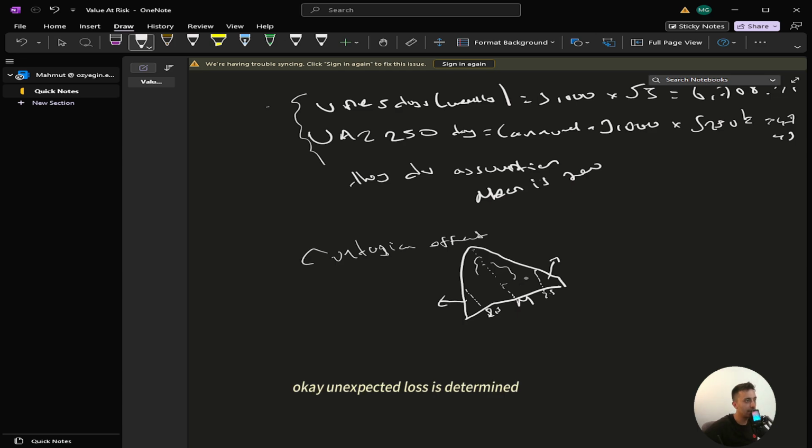Okay, unexpected loss is determined from this worst case distribution analysis. The worst case scenario information extends the value at risk analysis by estimating the extent of the loss given an unfavorable event occurs.